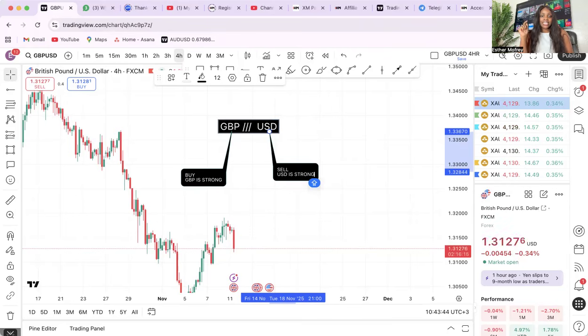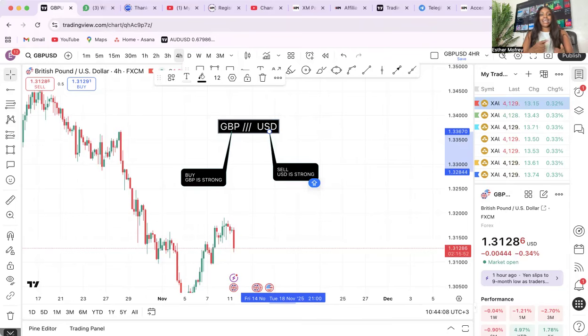But by the time you're pressing either a buy or a sell, you tell the system that at this particular time, I'm anticipating the pound to be stronger. So how forex works is that either you press a buy or you press a sell, the determinant is the strength of that particular currency that you have accepted.